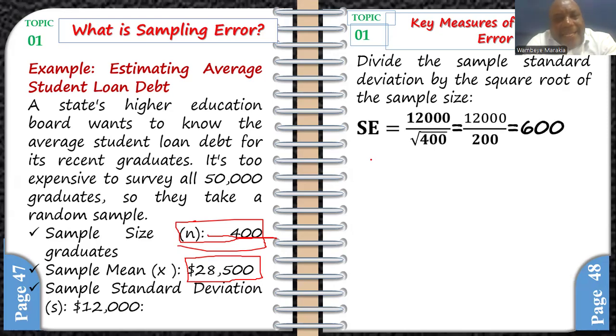Our formula was standard deviation all over the root of the sample size. So the standard deviation in this case is $12,000, divided by the root of the sample size, which is 400.